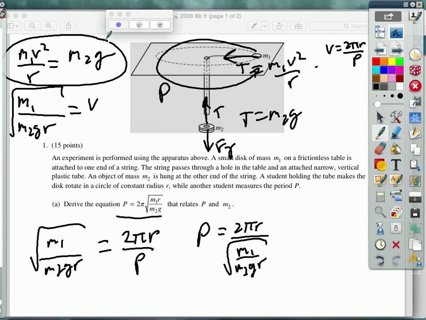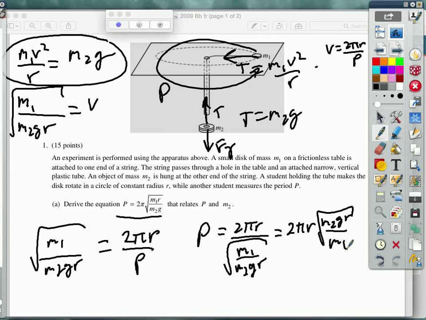So now I want P to have a reasonable rational answer. So I have to do this. 2 pi R times the square root of M2GR over M1. Okay, questions?